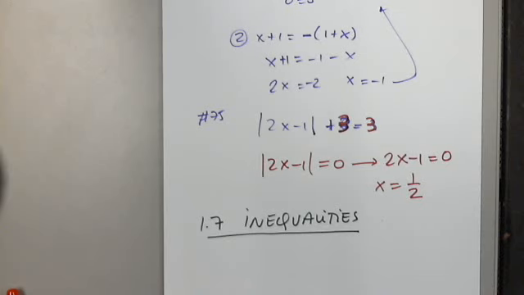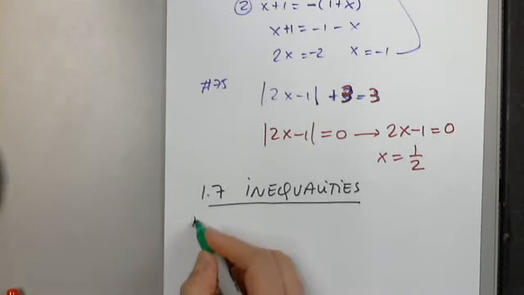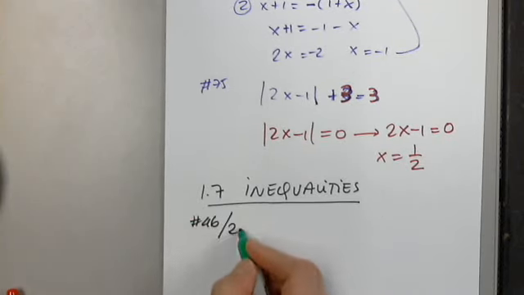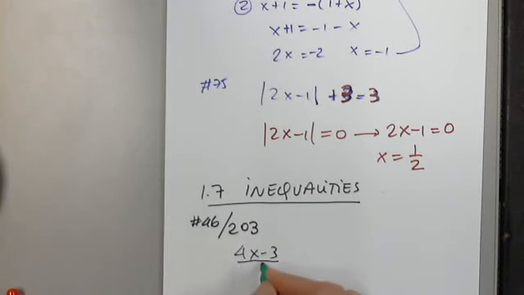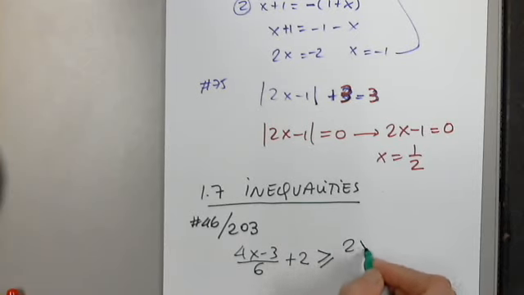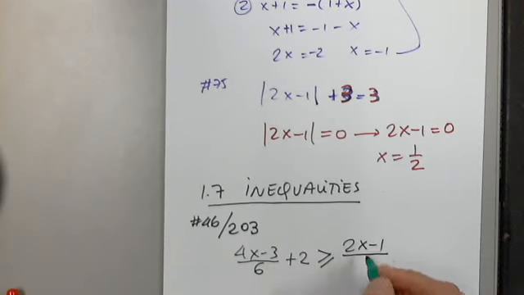Okay, so let's say problem 46 on page 203. 4x minus 3 divided by 6 plus 2 is greater than or equal to 2x minus 1 divided by 12.